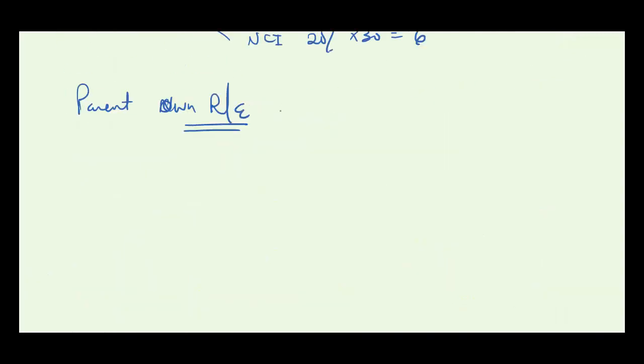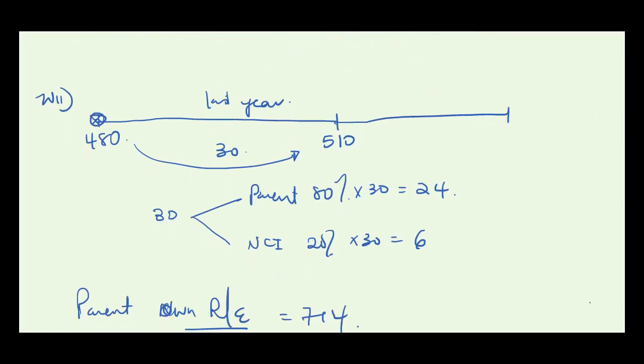The parent's own retained earnings is 714. So it basically means this, if I can just summarize, that the balances here will be made up of the parent, 714, plus its share of 24, and then the NCI, which will take its 6. So 714 plus 24 gives you 738.